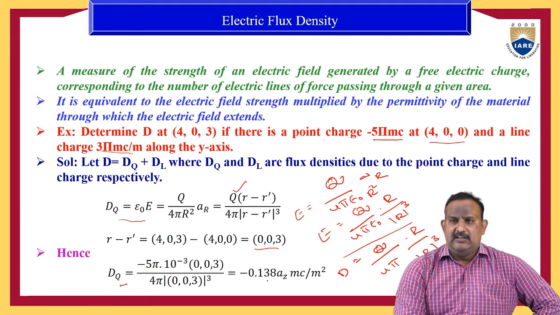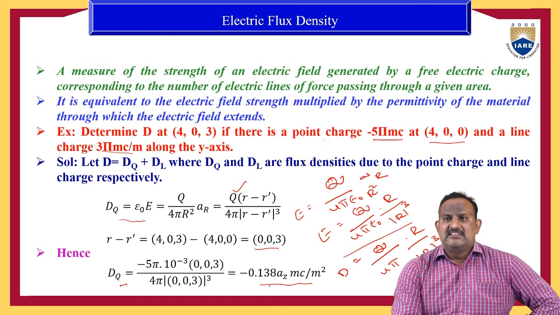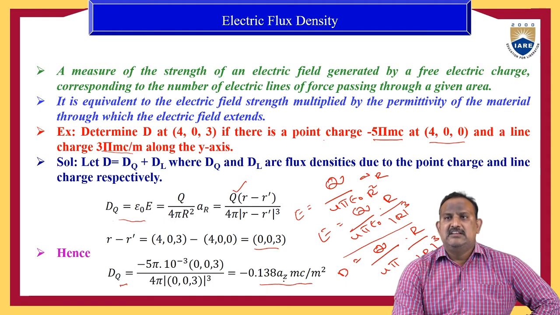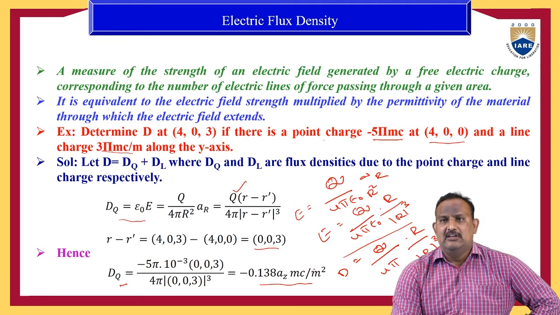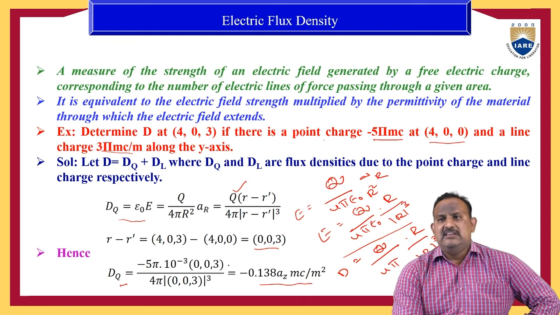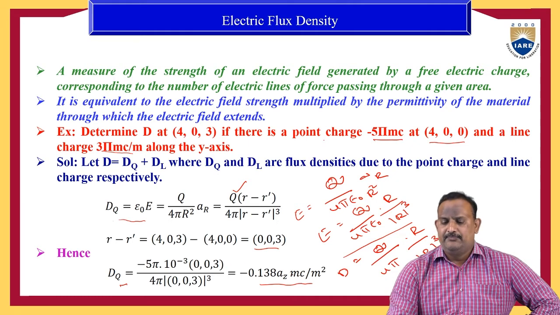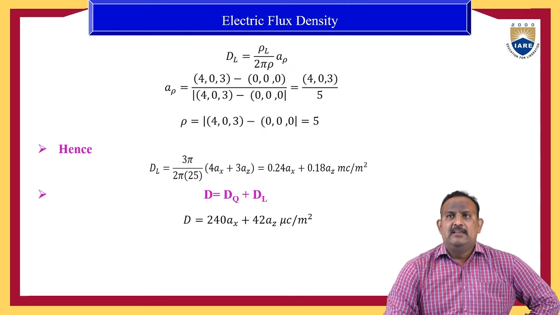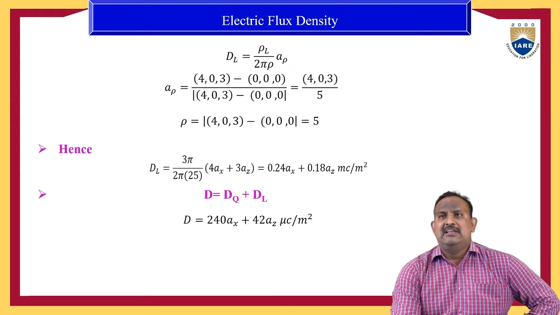Expanding that expression, we get minus 0.138 Az millicoulombs per meter square. Because we have only a z component, the electric flux density is along the z axis only. Next, we will find the electric flux density due to the line charge.